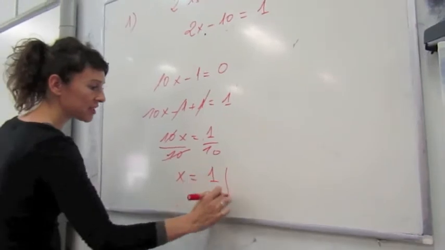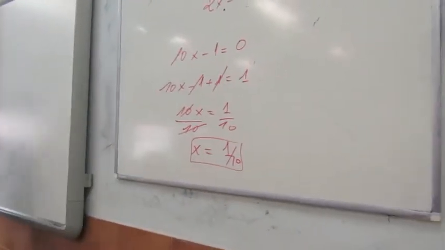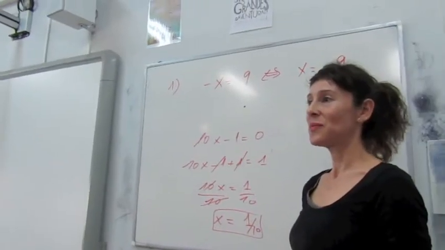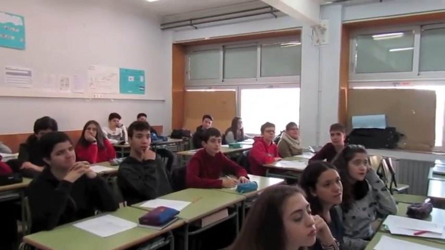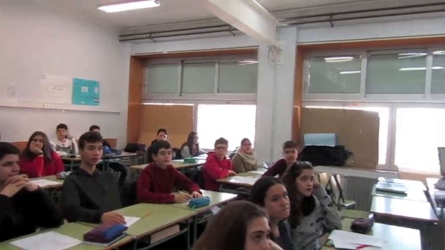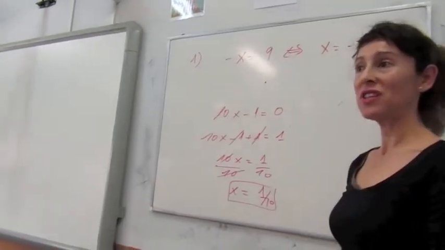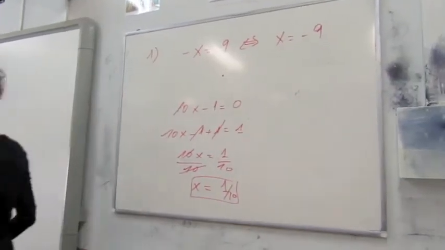So the solution is 1 divided by 10. Okay. So are these equations equivalent? Yes. Why? Can any of you answer this question? Because they have the same solution. Yes, so they are equivalent equations.